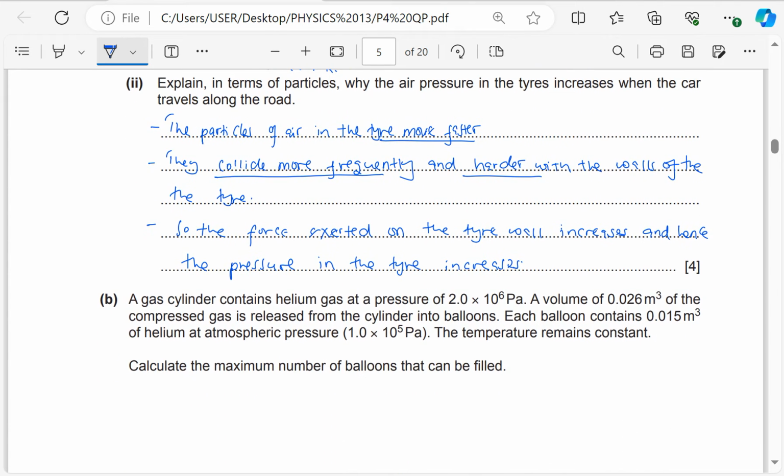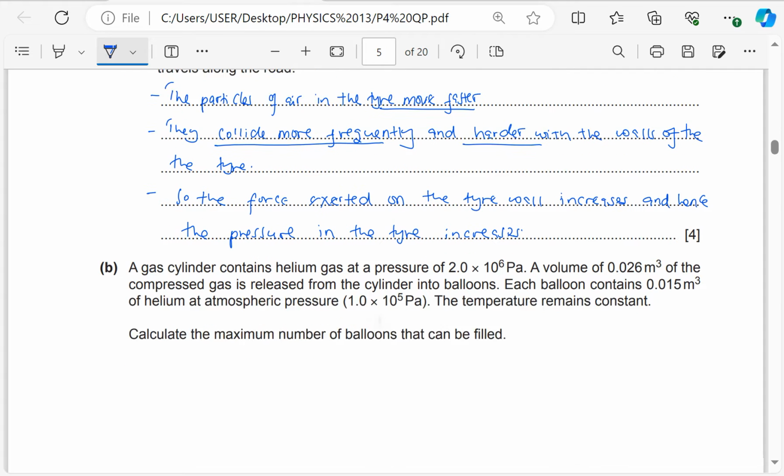Okay, so that is why the air pressure in the tire increases.